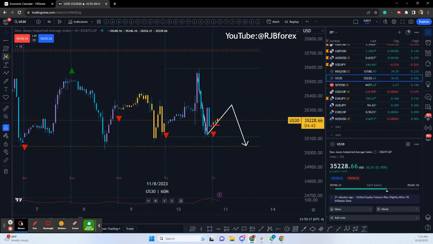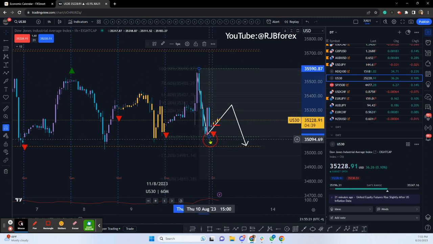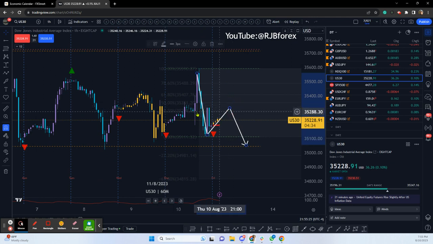Same scenario for the US 30, 38.2 marries up with these highs or thereabouts.